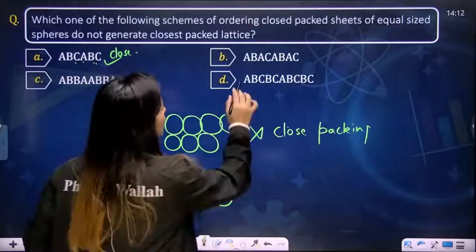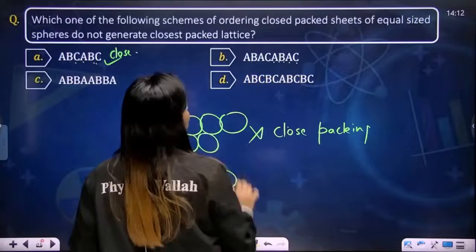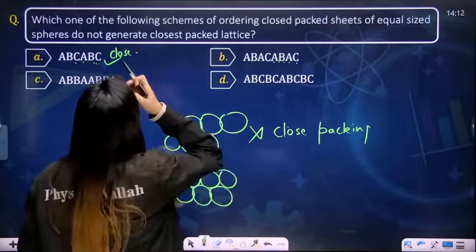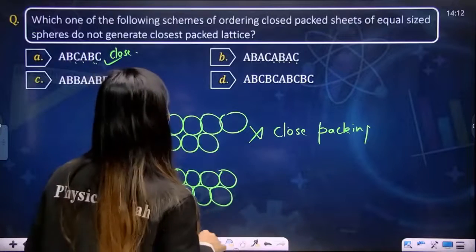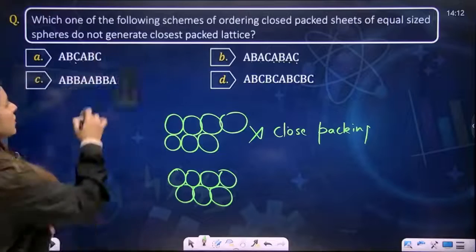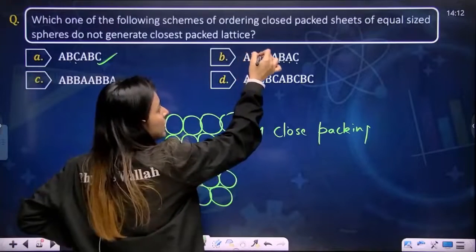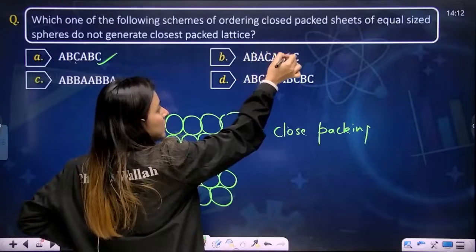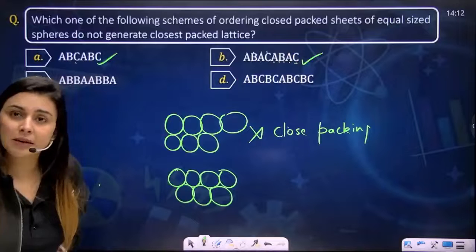If I talk about ABAC, then A, B, A, C, A, B, A, C. Nothing is repeating, so this will also generate a close packing.